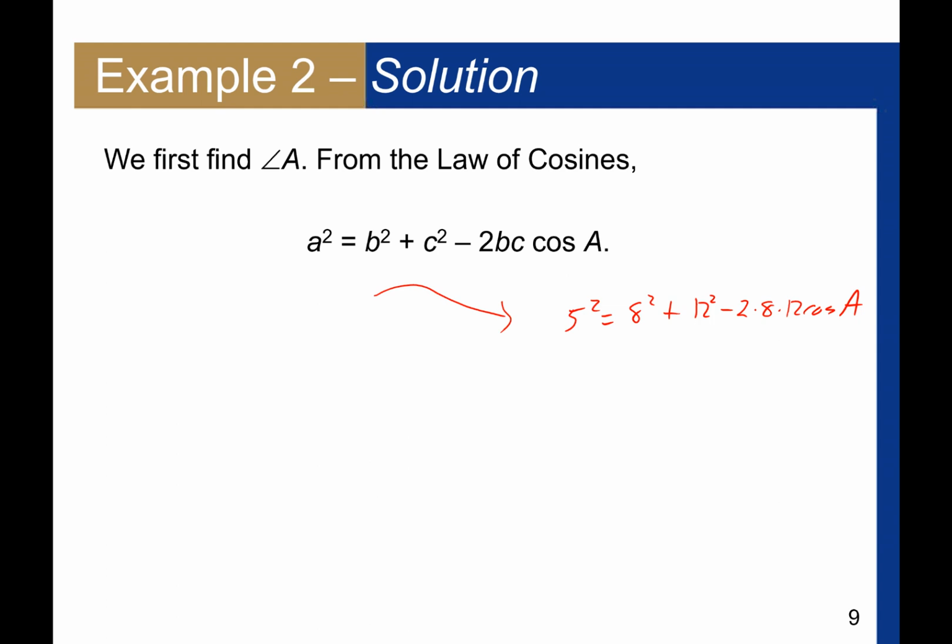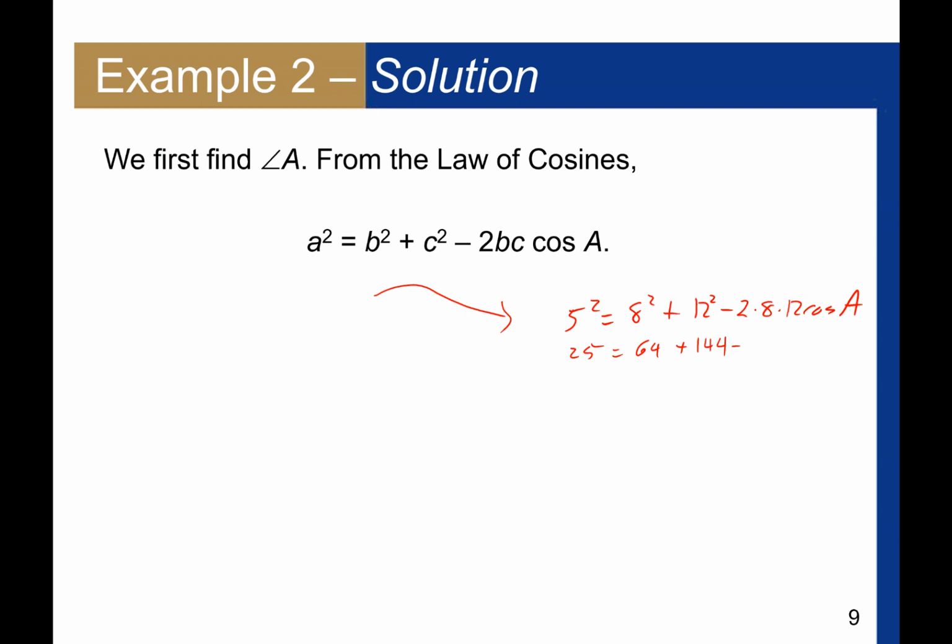So again, notice we just have the one variable there. We should be able to progress with the rest of it. Five squared is 25, 8 squared is 64, 12 squared is 144. Now be careful here, order of operations.